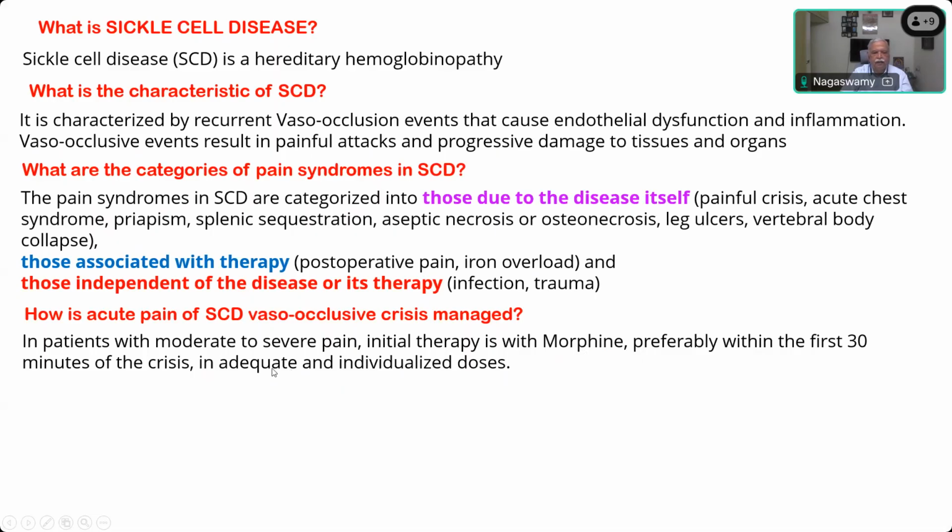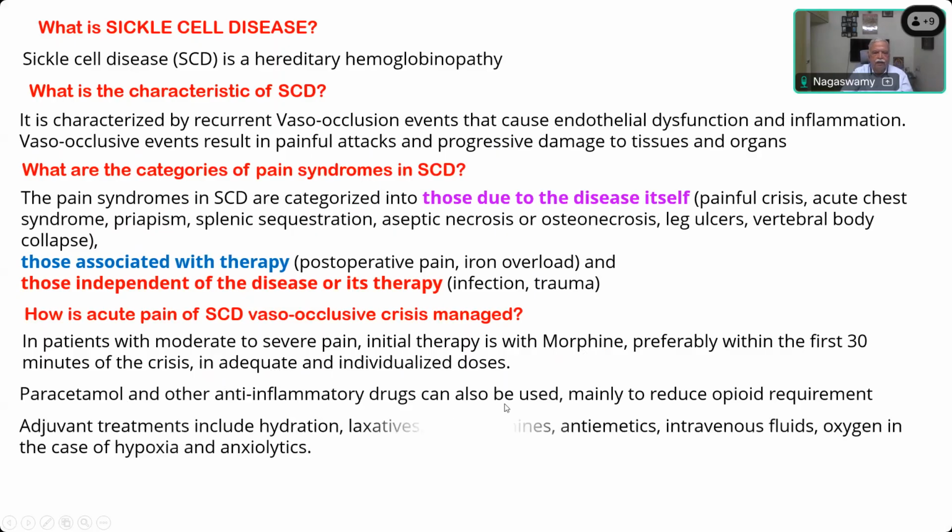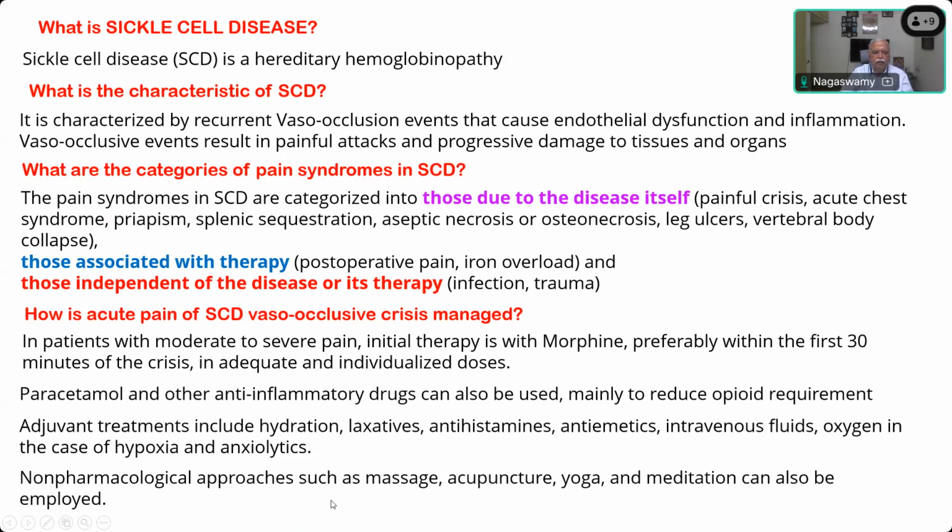And in cases of crisis, adequate individualized paracetamol and other anti-inflammatory drugs, and adjuvants like hydration, laxative, antihistamine, antiemetic, IV fluids, and oxygen in case of hypoxia, and anxiolytics. Non-pharmacological approaches like massage, acupuncture, yoga, meditation also can be employed. Okay.